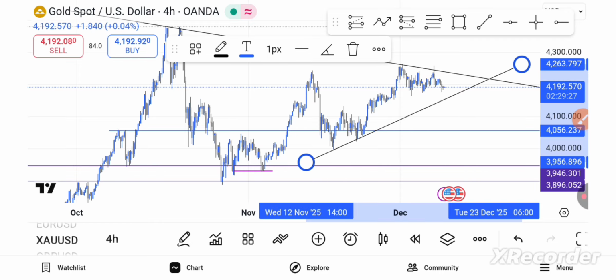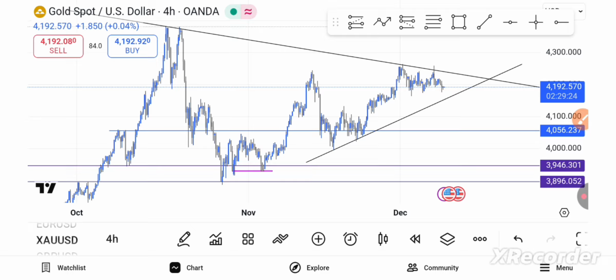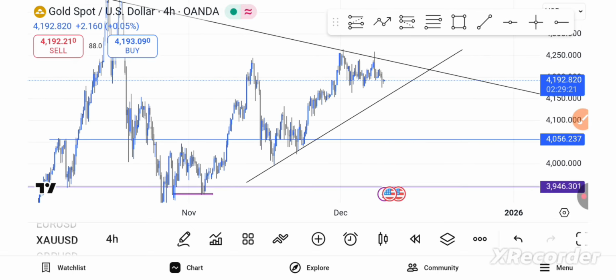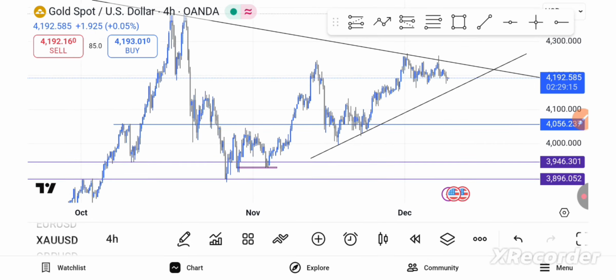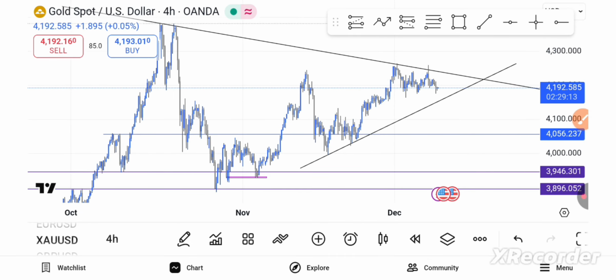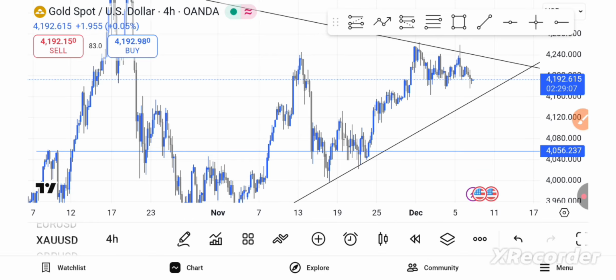Beautiful. So what else do we have here? We are expecting the market to sell off. Now what else can you see from this very point?